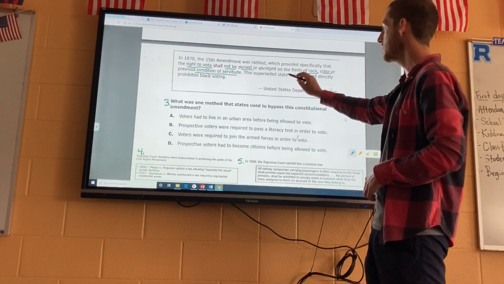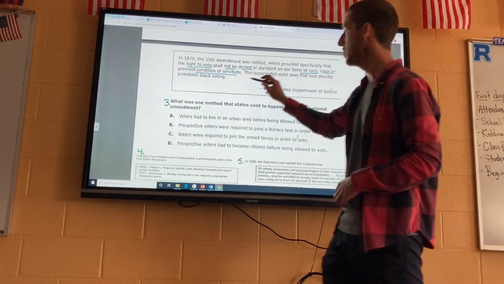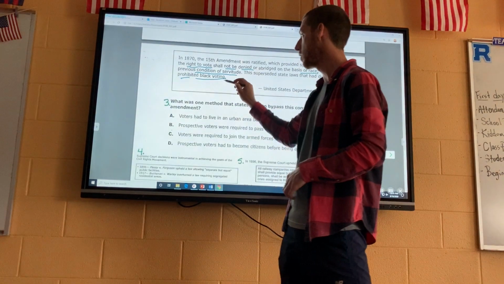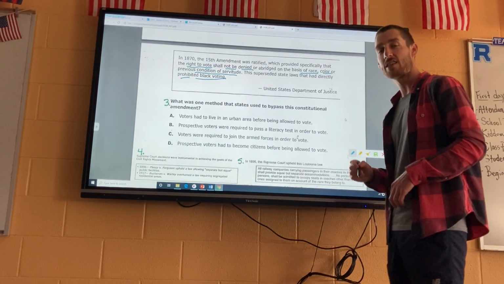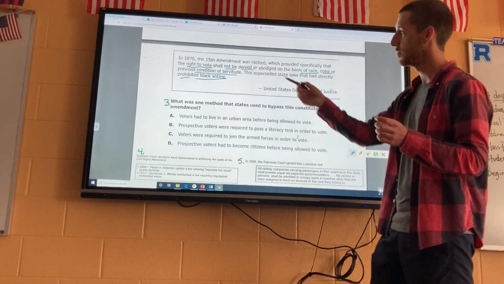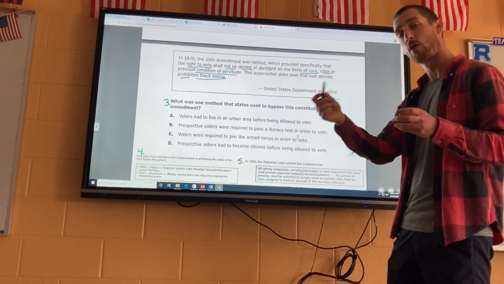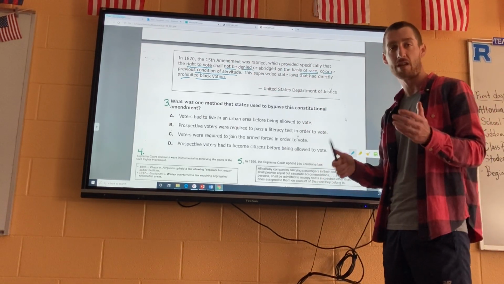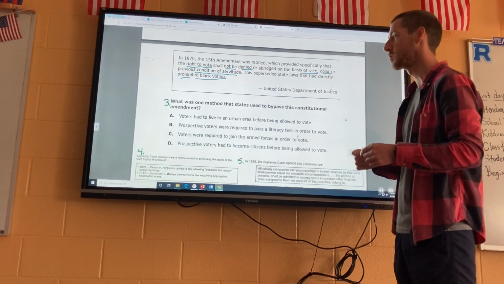This superseded state laws that had directly prohibited black voting. So 1870 basically gave former slaves the right to vote. It gave African Americans the right to vote. The 15th Amendment is the right to vote for African Americans. Basically everybody, but it was targeted towards African Americans.